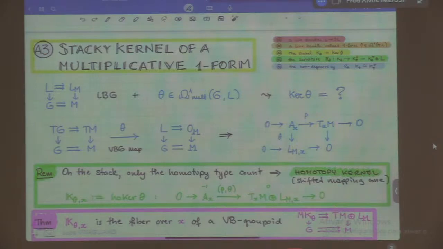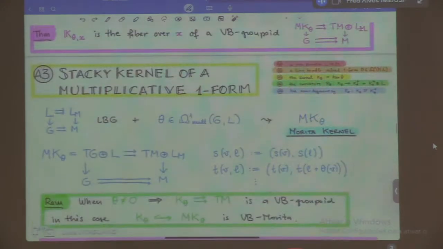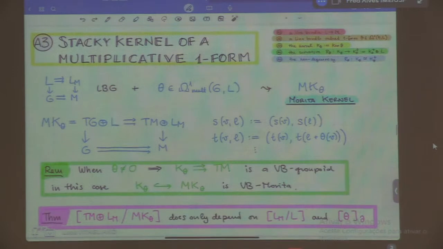Luckily, it's not just a cochain complex of vector spaces or vector bundles. Being a two-term cochain complex, it is a candidate to be the fiber of the VB groupoid. And actually, it turns out that it's not only a candidate, it's really the fiber of a VB groupoid, which I denote like this. I will say more about this VB groupoid on this slide.